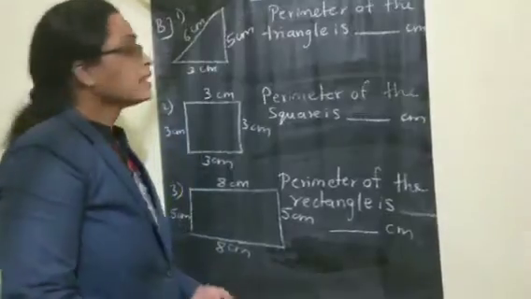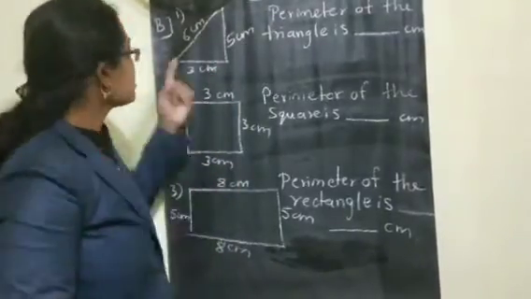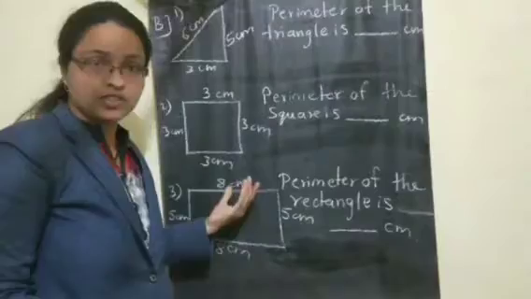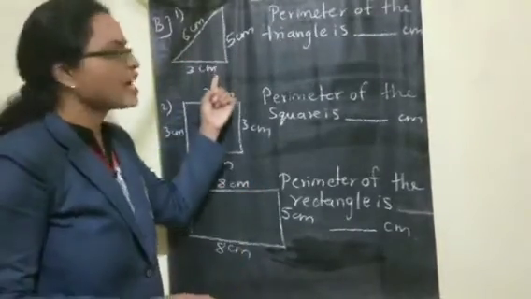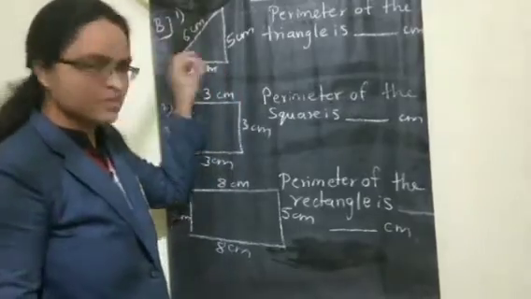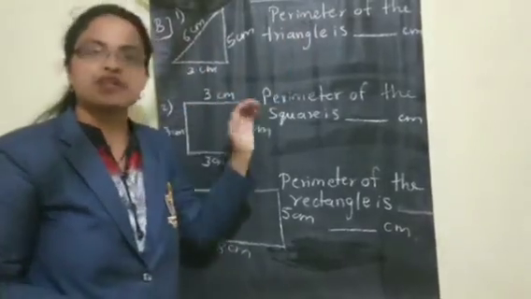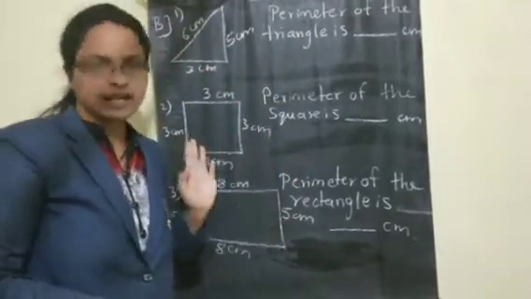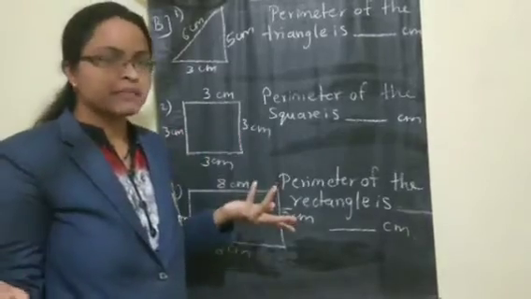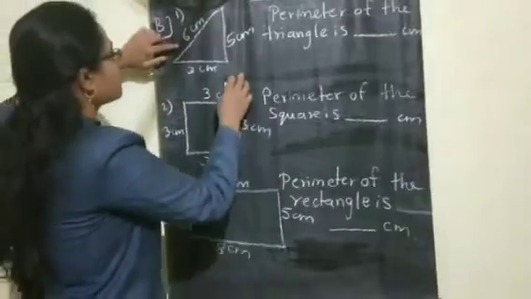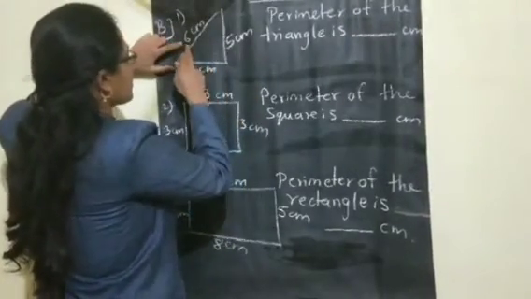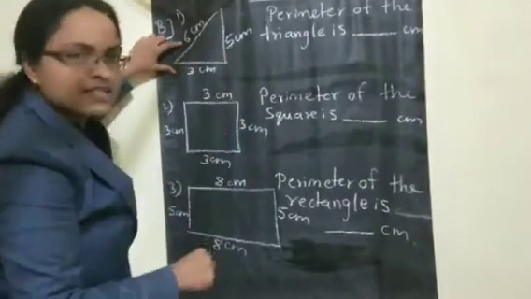So children, here in exercise 10A, in the B part, they have given some figures of a triangle, square and rectangle, and all the sides are given. You only have to observe and find out the perimeter of the triangle, square or rectangle. Now what is the perimeter? We only have to add the boundaries. For the triangle they have given 6 centimeters, 3 centimeters and 5 centimeters, children.